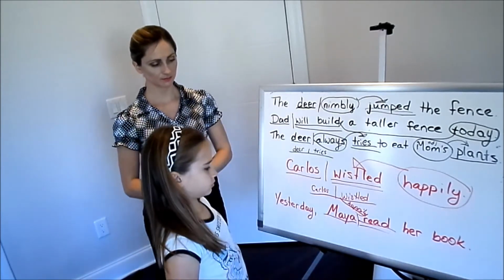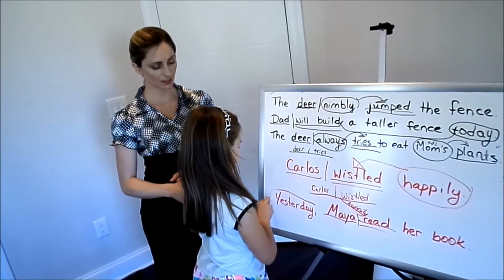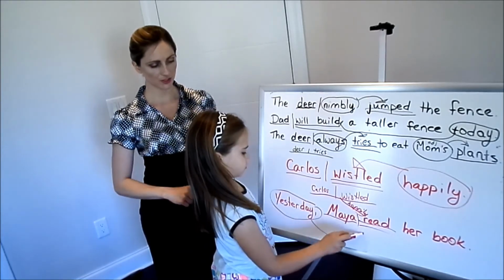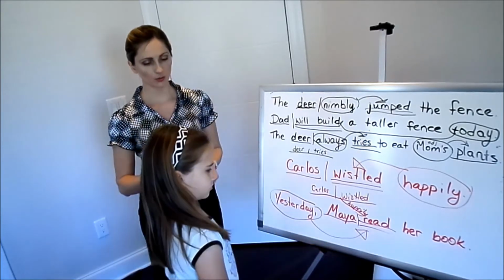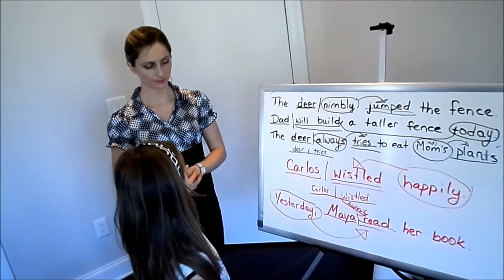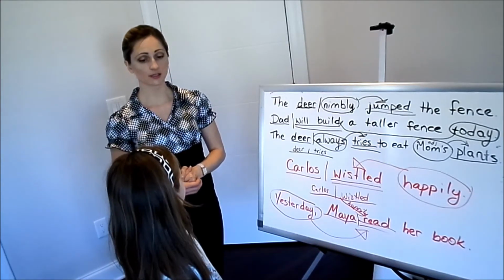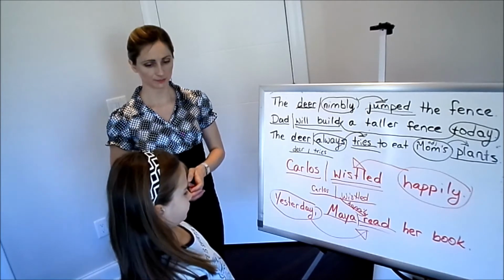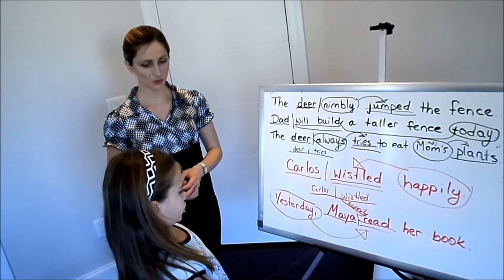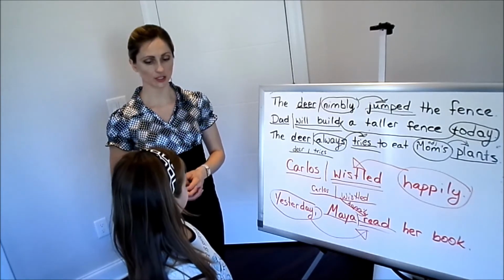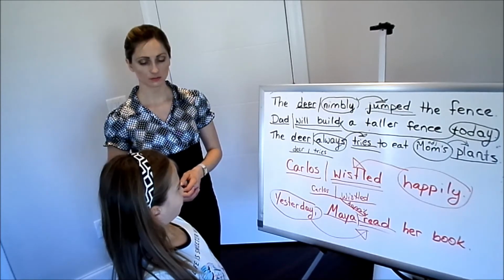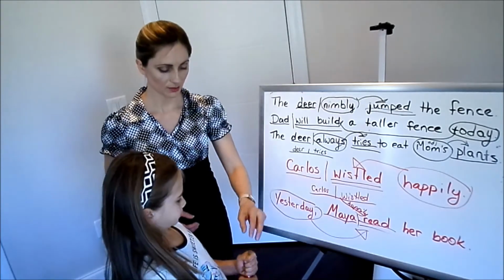She read. All right. Is there a word that describes how she read, when she read, or how often she read? Yesterday. This answers what question? Describes read. Answers when she what? Read. Answers what question? When? When she read.